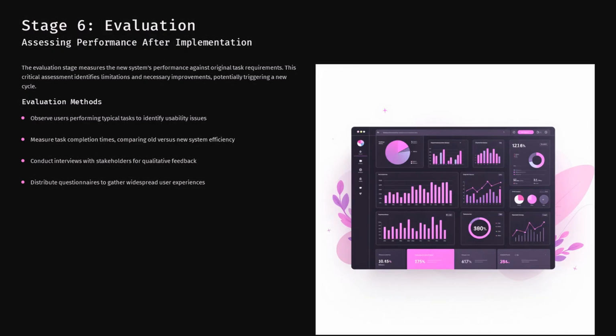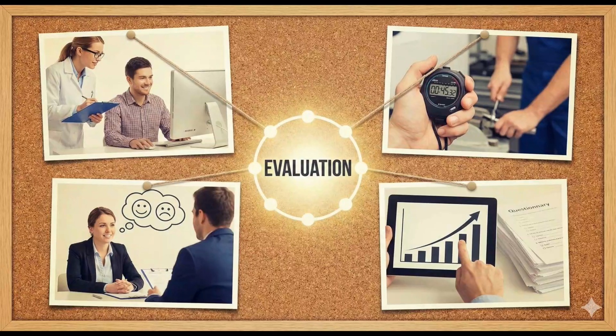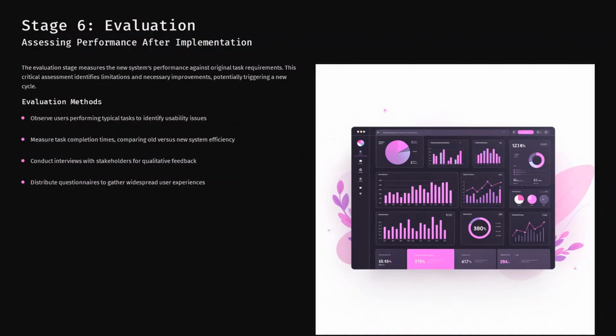Third, conducting interviews with stakeholders provides qualitative feedback. What do people actually think about the new system? And fourth, distributing questionnaires gathers widespread user experiences from lots of people across the organization. All these methods together give a comprehensive picture of whether the system is successful.